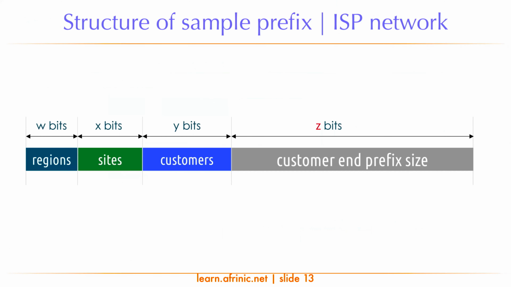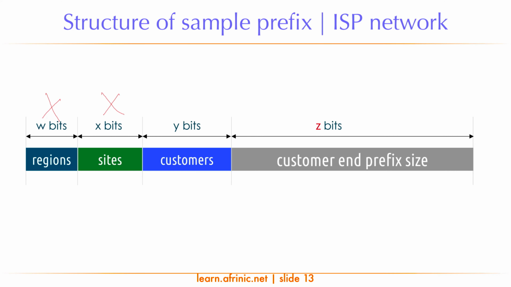So you can see that we have the regions and we'll have the specific number of bits to satisfy the number of regions that we have, also factoring future growth. Then we also have a certain number of bits that will satisfy the sites that we have per region.